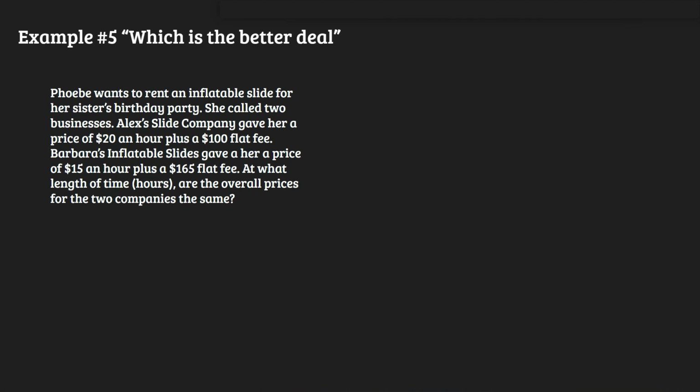So this is technically a systems of equations problem. I'm going to give the price for Alex's slide company a variable of p. The price for Alex's slide company is going to be equal to $20 an hour, so $20 times how many hours there are, plus a $100 flat fee.